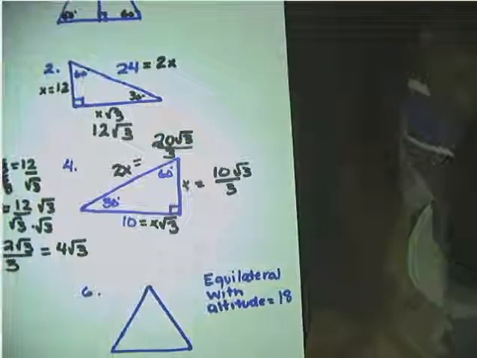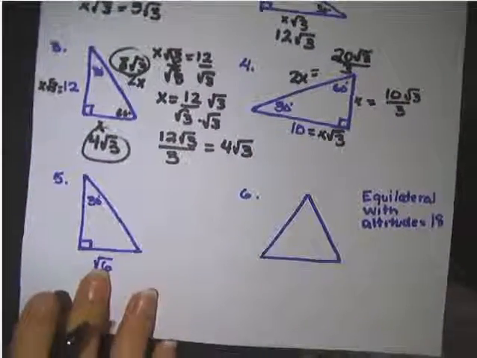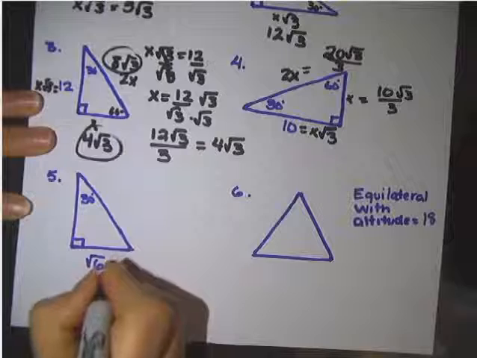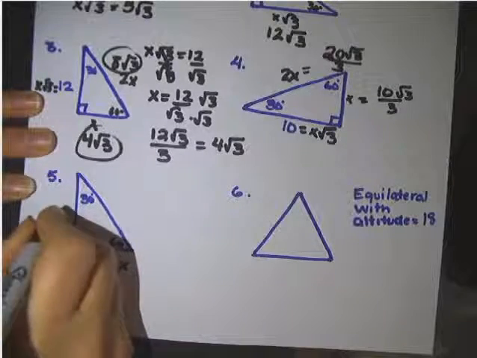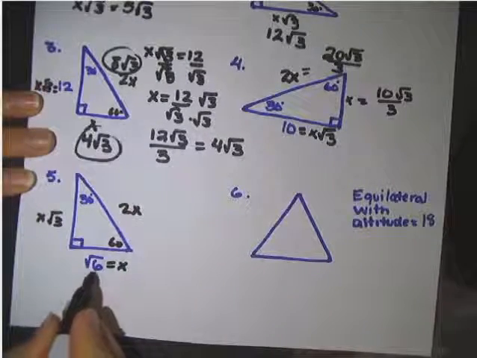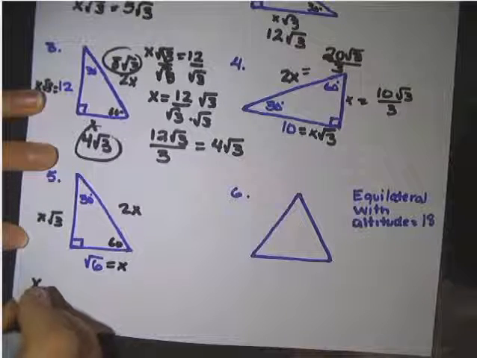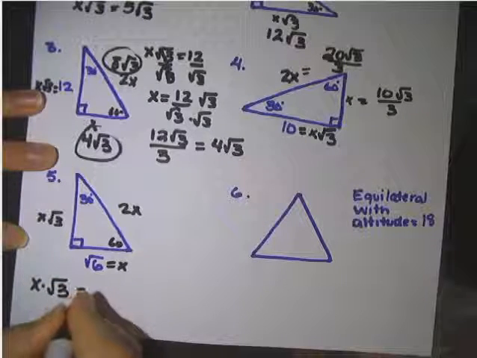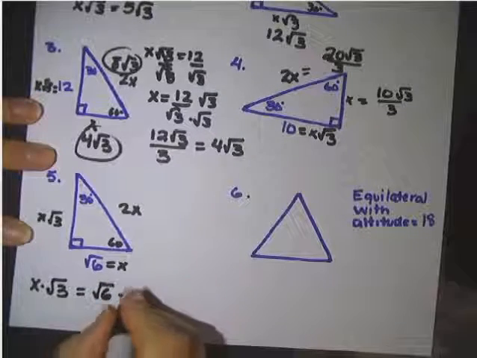Okay, now our side across from the 30 is the square root of 6. So that is x. Across from 60, we have x root 3. Hypotenuse is 2 times x. So if we want to do x times root 3, that would be root 6 times root 3, which would be root 18.